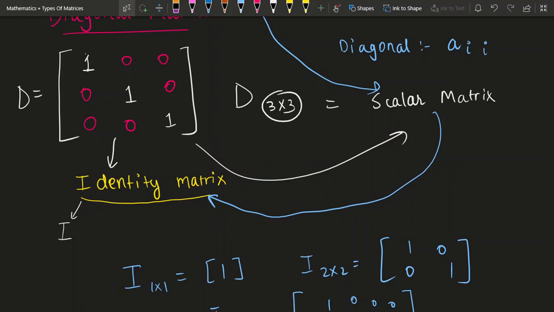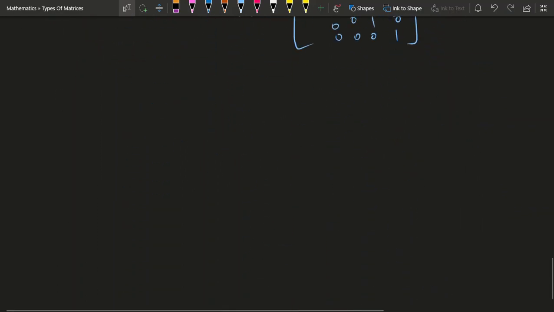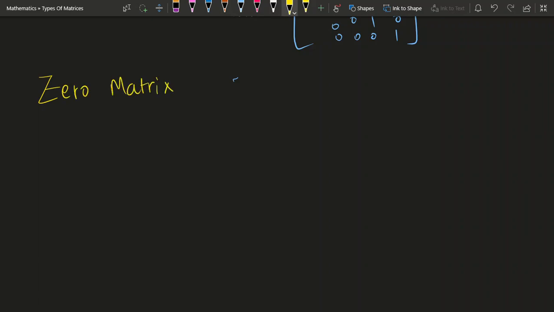Really cool. Before ending this video, let's also talk about a matrix that's really trivial, though it comes to some use anyway, and it's called the zero matrix. The zero matrix, as the name implies, has all its entries 0.